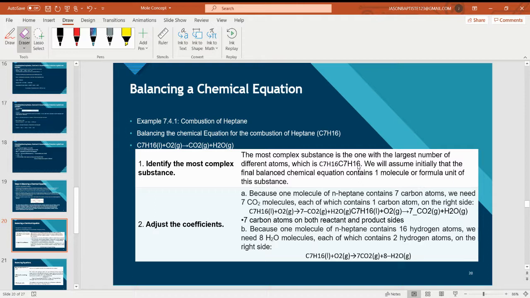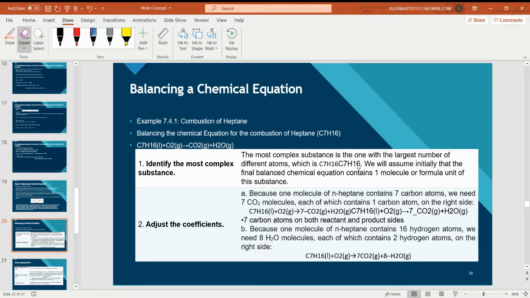So we have heptane plus oxygen to give us 7 carbon dioxide plus H2O. Now we put a 7 there to get the same amount on the left side, because there's 7 carbon in heptane, but there's only 1 in carbon dioxide. So we put a 7 in front of it to get the 7. So you have now 7 carbon atoms on both reactant and product sides.